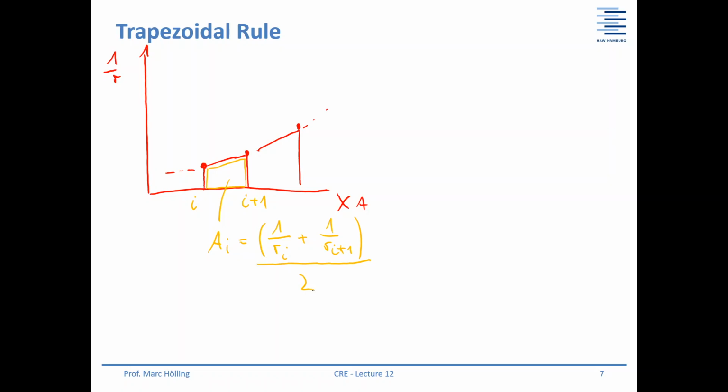This you have to divide by 2, so then you would transfer it to the mean rectangle, and you have to multiply this by the difference of your two conversions. So this is x_A,i+1 minus x_A,i.